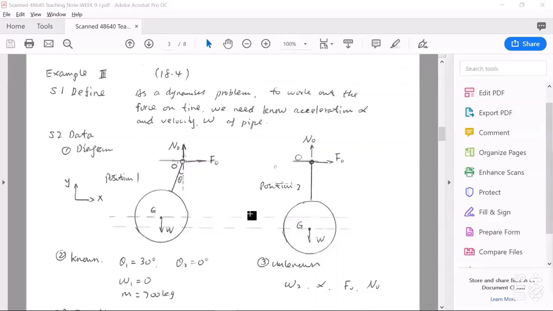But here, the difference is we only know that when theta is 30 degrees, this pipe is at rest. We don't know the velocity when this pipe is at its lowest position. So how to solve this problem? Before we can solve it, we must know the velocity of this pipe when it's at its lowest position.